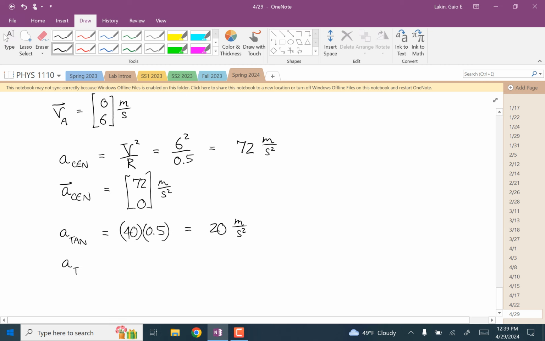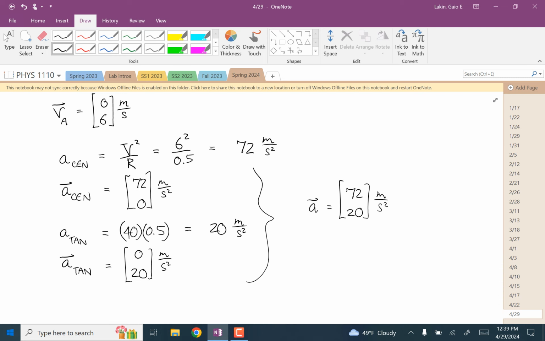So the tangential acceleration vector is 0, 20. And that means that the total acceleration is just the sum of these two parts. And so it's 72 in the x direction, 20 in the y direction. Anybody have any questions about that?